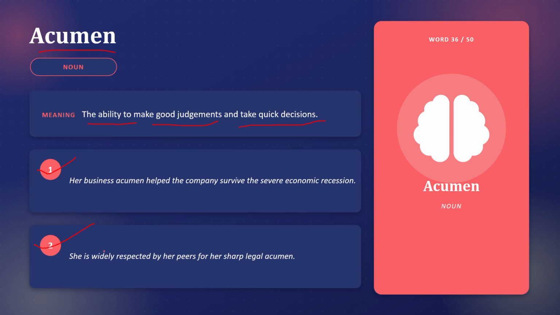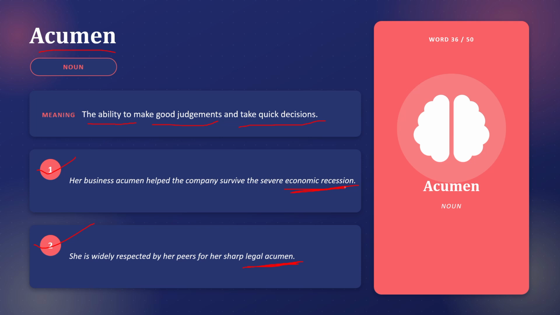Second: she is widely respected by her peers for her sharp legal acumen. Clear? Economic recession means economically down.